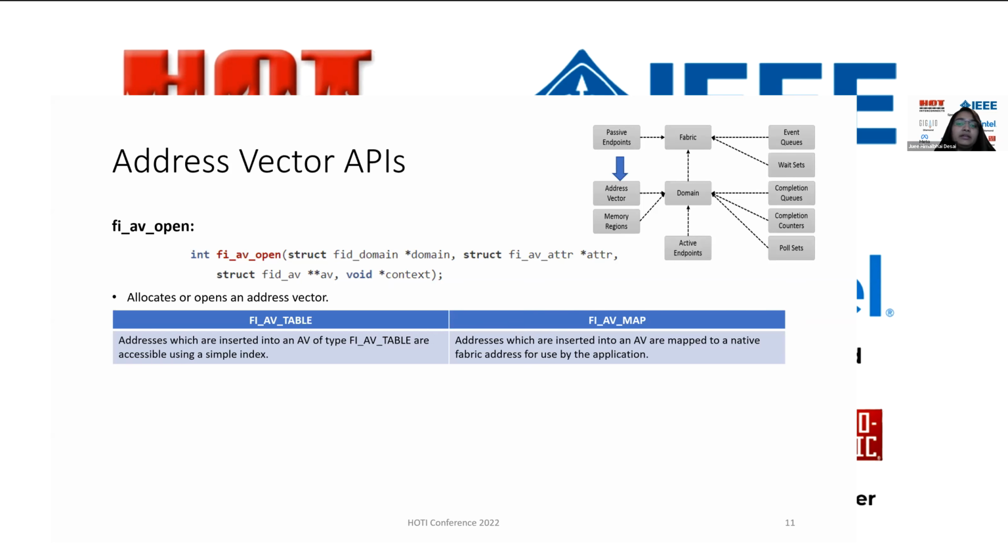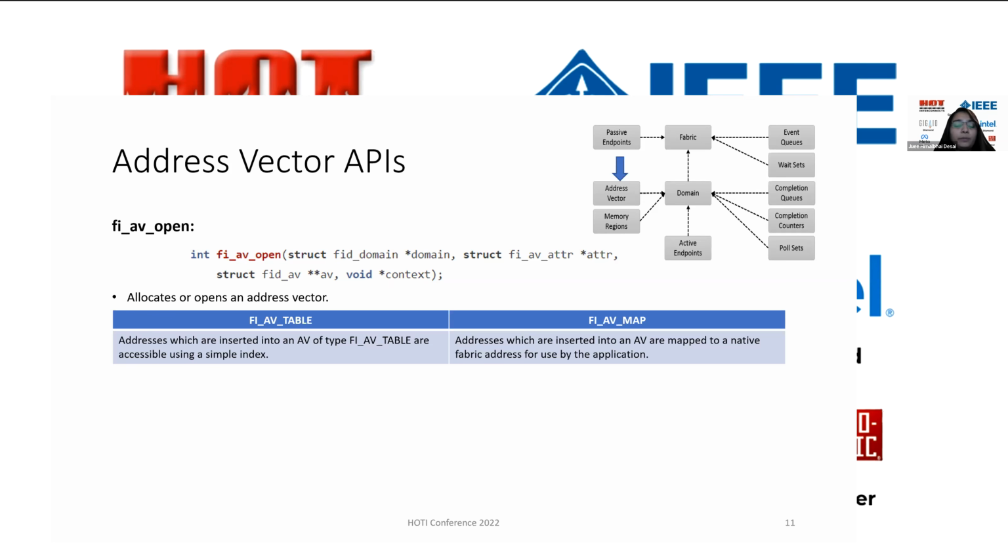The second type is FI AV map, and applications that use a map type are required to provide the correct native fabric address for a given peer when issuing a data transfer operation. The advantage of FI AV map is that a provider can use the fi_addr_t struct to encode the target's address, which avoids retrieving the data from memory.